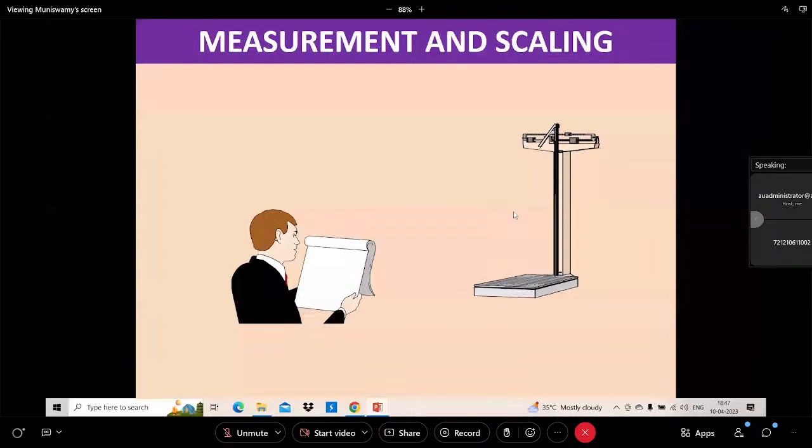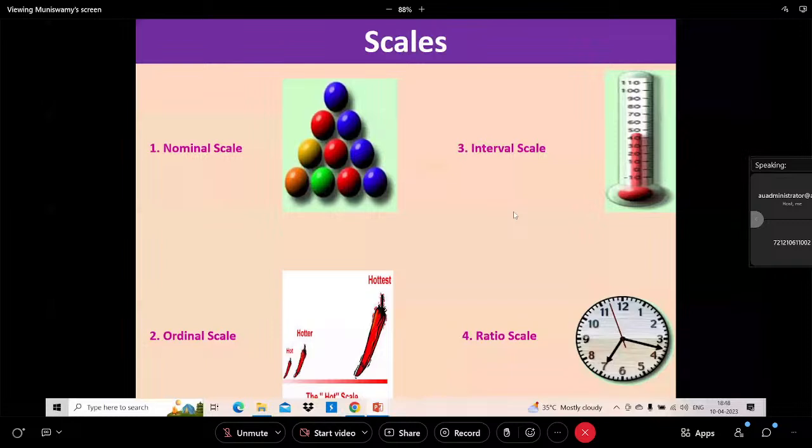You can identify variable types. Generally, in the measurement scaling techniques there are 4 types of variables: nominal, ordinal, interval, and ratio.